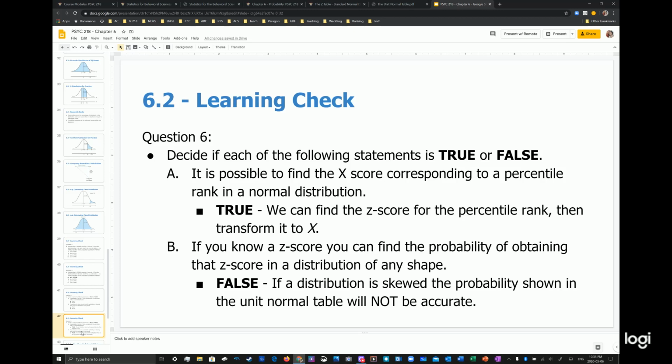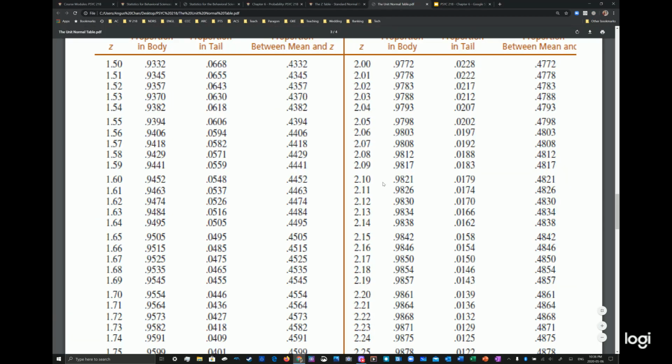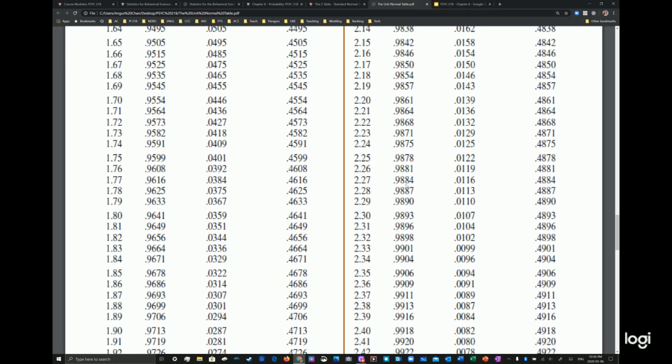For the first one, if you answered true, you're right. You can find a Z score for a percentile rank and then transform it back to X. Once you know the percentile rank, you have the proportion, then you can locate the Z score and transform it back to X. For example, for the 99th percentile, look for 99% in the body of the table.